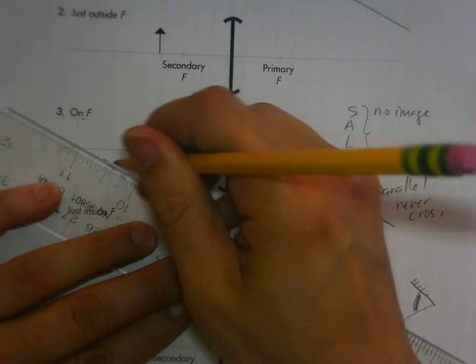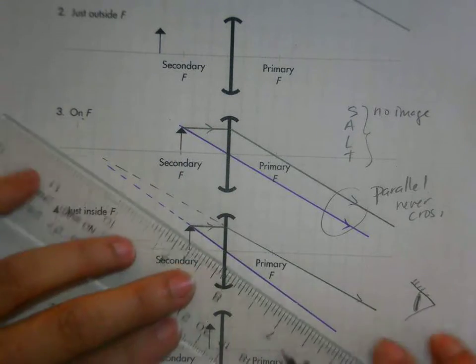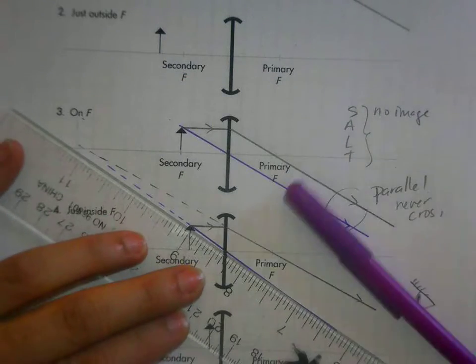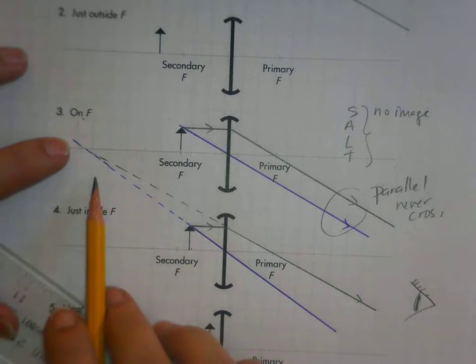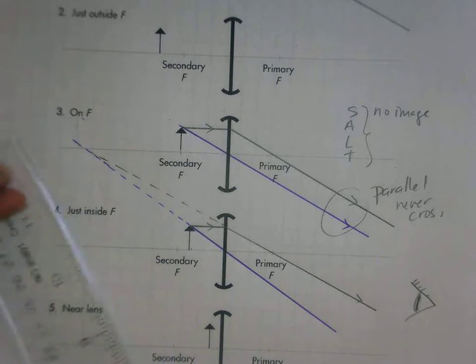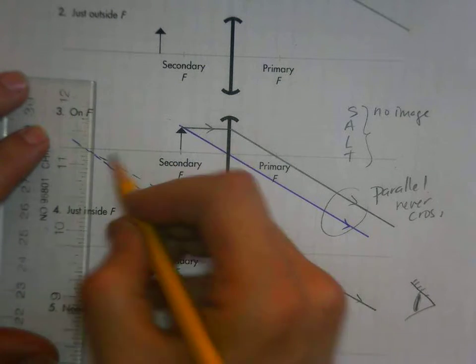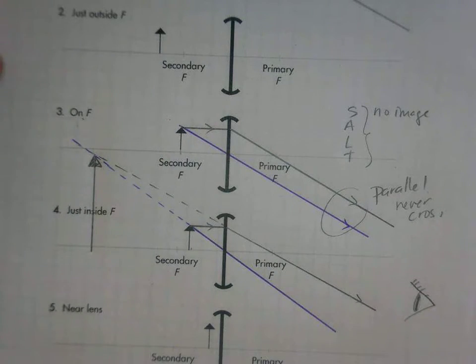Let's see. Our eye doesn't realize that the light bends. I can see I have to do it a little bit longer. I'm doing dotted lines because the rays aren't really there, but our eye thinks they're coming from there, and so they cross about here. So here would be my image.